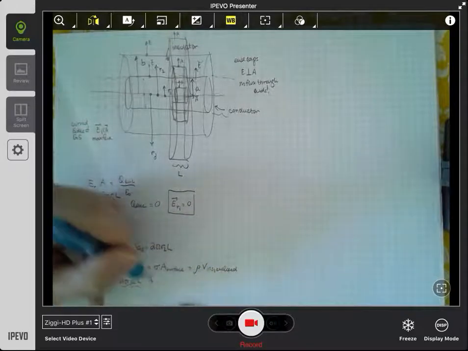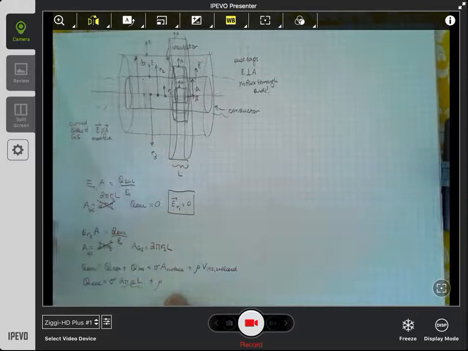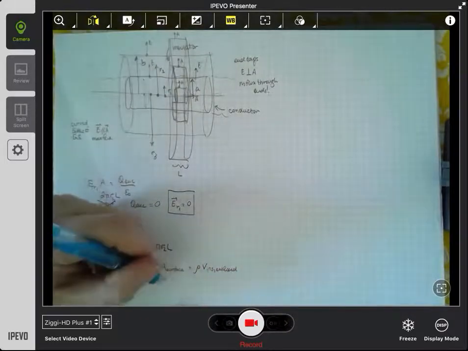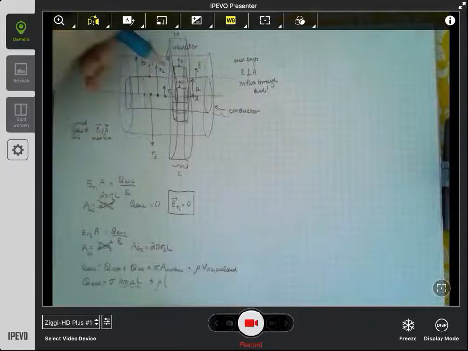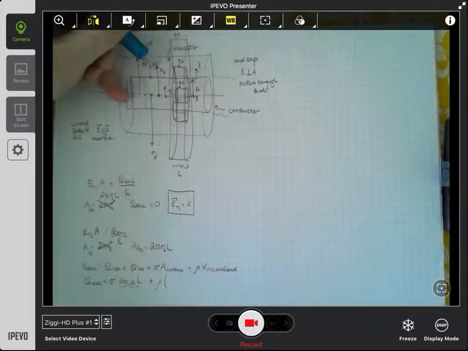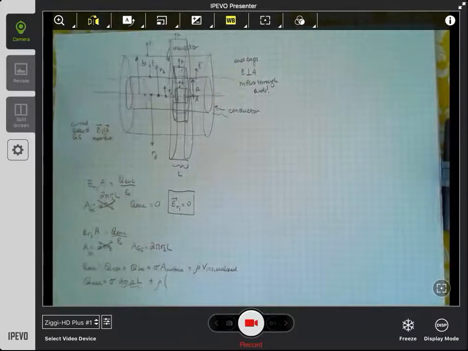And then we're going to add in rho times the volume of the insulator that's enclosed. Basically we have part of an insulator, like a thick tube, but the inside of it is empty. So we'd have to take the volume of the large insulator and subtract the volume of the small insulator. The large insulator only goes out to R2.